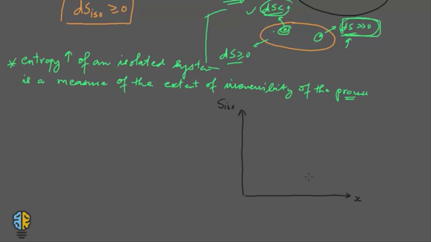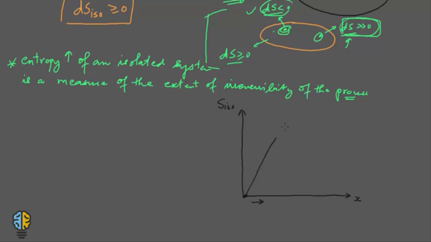Now the entropy of an isolated system always increases. So when the state changes, the system undergoes a process. Let us say from this state you are changing the state of the system, and the entropy starts to increase, and it becomes a maximum value at the state of equilibrium.